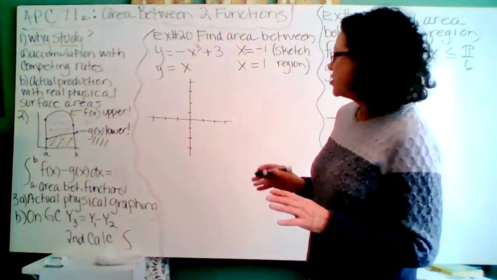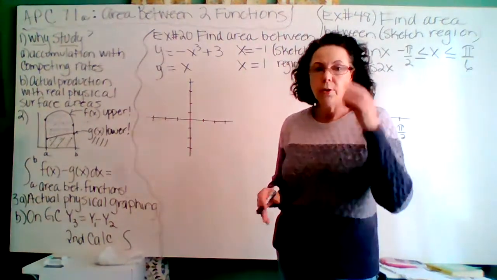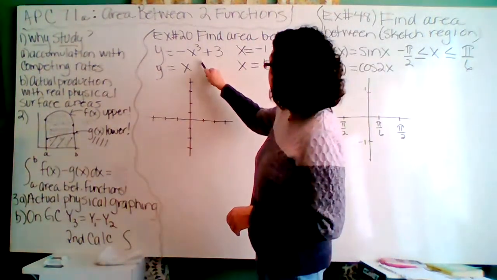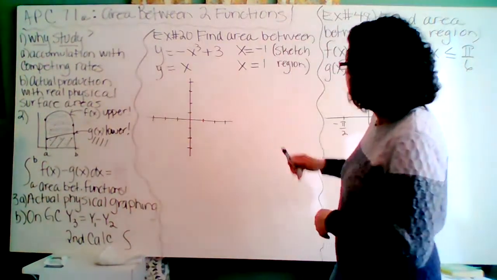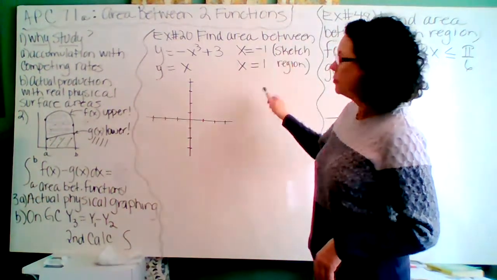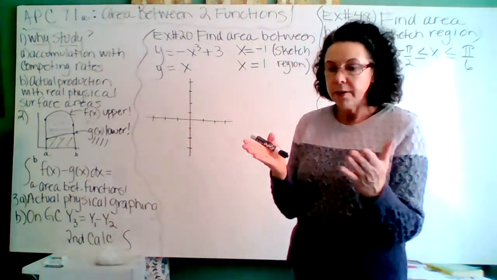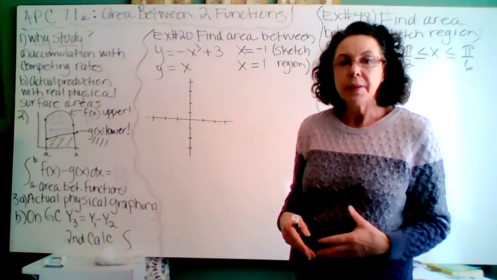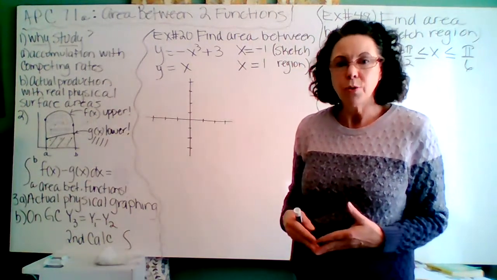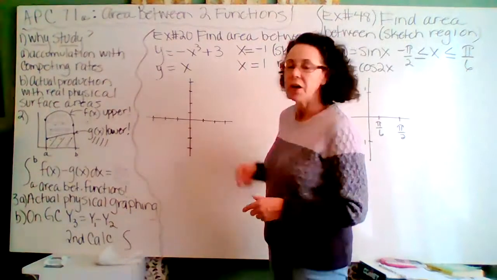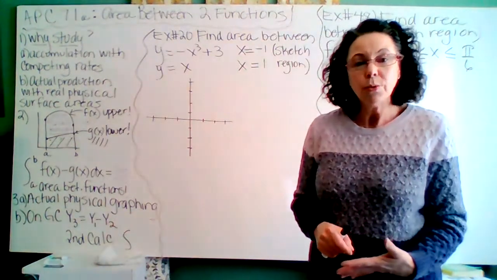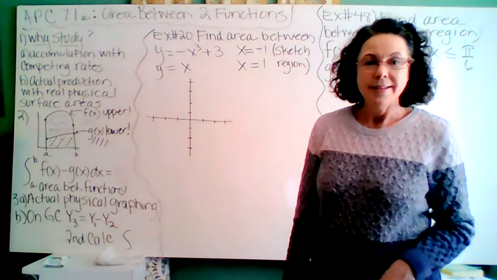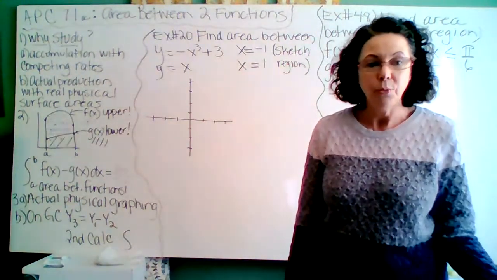I just want you to know that if you took real graph paper and carefully graphed negative x cubed plus 3 and the y equals x line between x's of negative 1 and 1, with centimeter squared or inch squared graph paper, and counted up the squares in between these two functions, it would actually equal the area that we're going to find using integration. So it really does physically work.